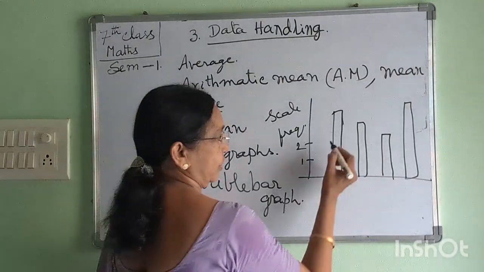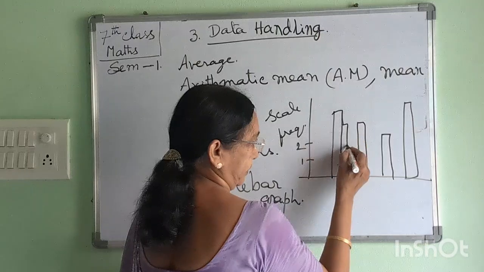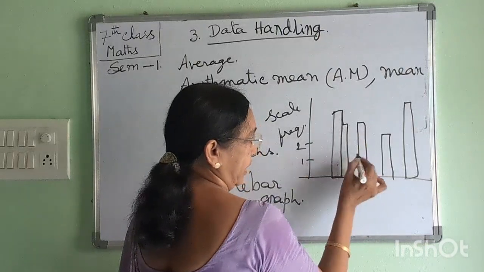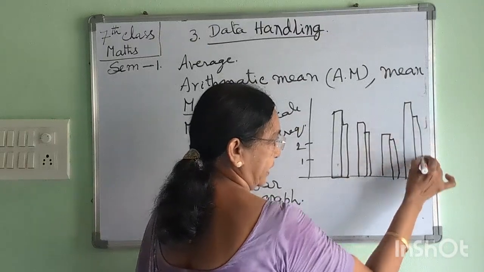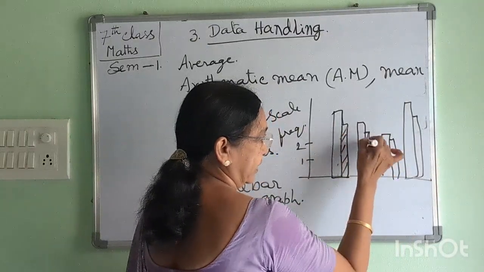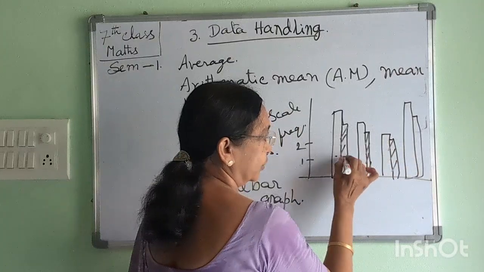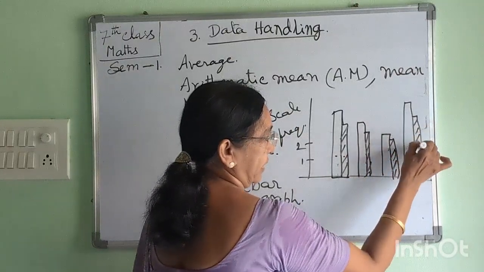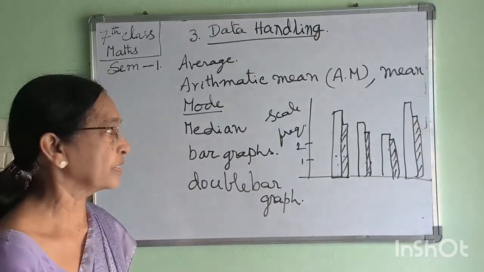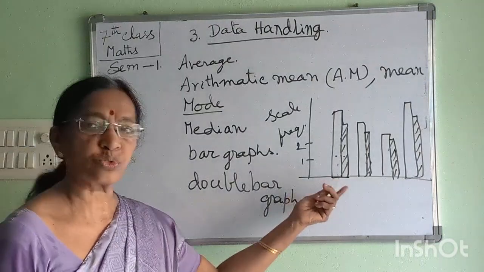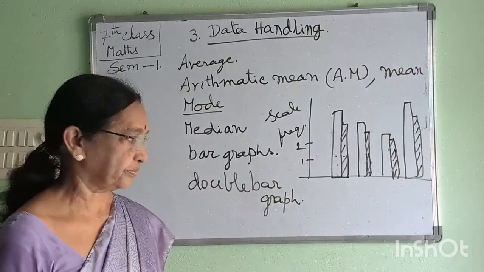In the same category, another bar is drawn, but it is shaded in a different way. Thus we can compare two things like this. This is called the double bar graph. It is most often used to compare two things.